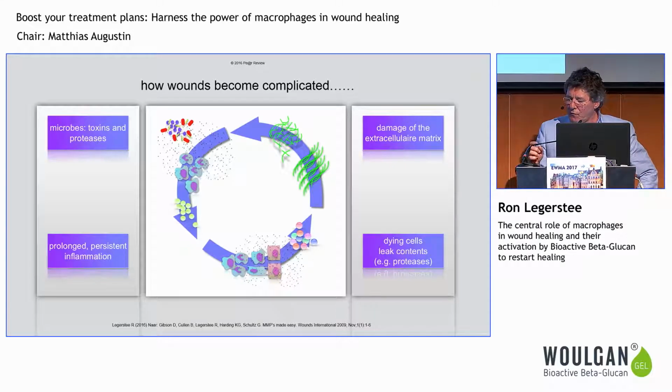And from there is derived the term chronic wound. And Professor Guido Maino told me in 2005, and he was a professor in pathology, he said, Ron, chronic wound is not a good term. It's a medical misnomer. And I said, well, if I jot down chronic wound in PubMed, I get 35,000 hits. And then he was silent and said, does the amount of hits equal the amount of truth?